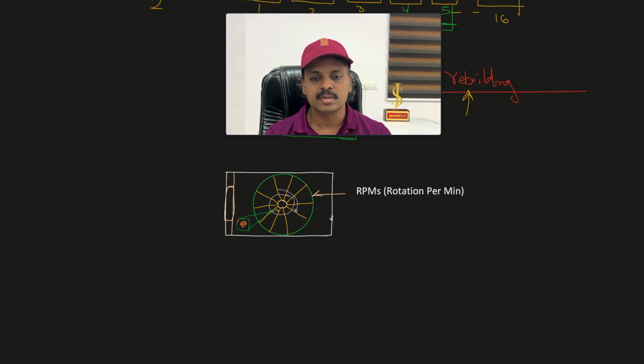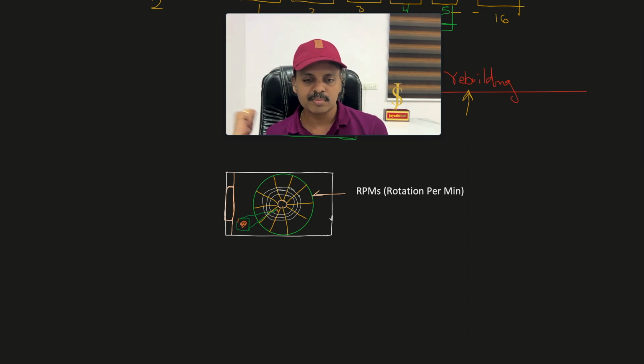If you see, each one of these is a track. Like that, multiple tracks will be there on the disk.